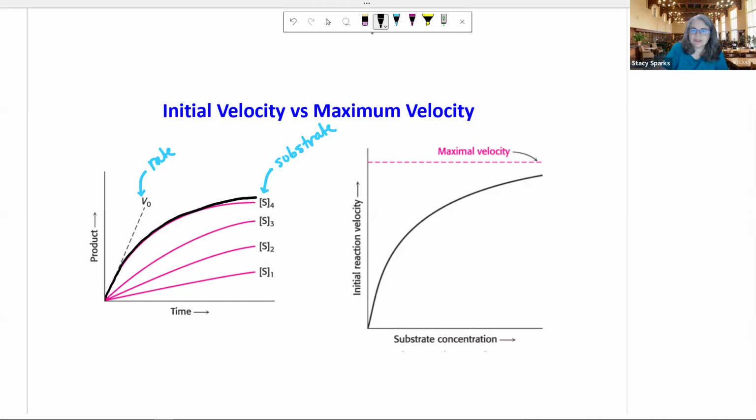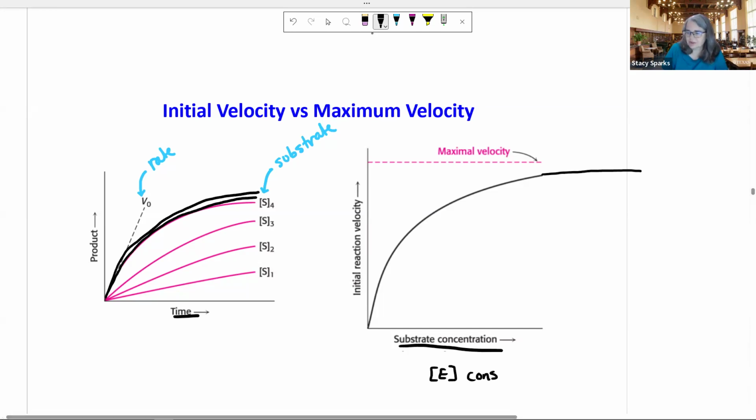But what I start to see is these curves start to close in on each other and become barely different. And if we now change, and instead of putting time here, we put substrate concentration, what we get is this curve, okay, that starts to reach this maximal velocity. It starts to level off up here. Okay, the substrate concentration is changing, but the enzyme concentration is going to be constant. We're going to hold that constant in this case.